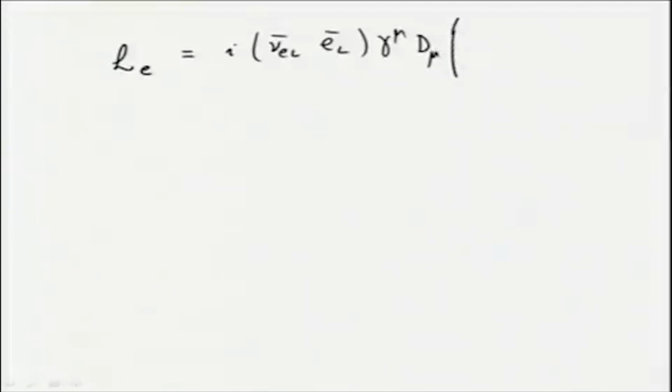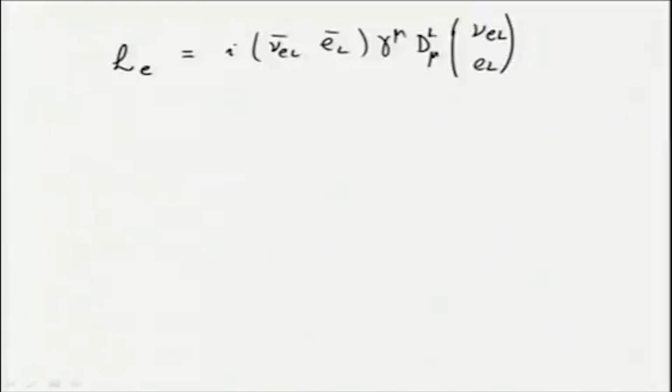Now, let us look at the Lagrangian. Let us only look at the electron part. So, we have i (ν_L, e_L) bar γ^μ ∂_μ acting on (ν_L, e_L).